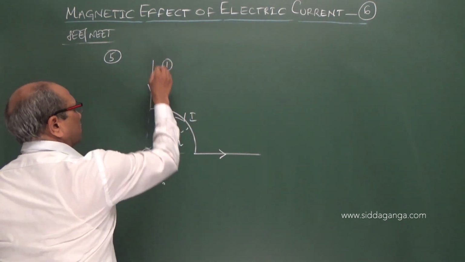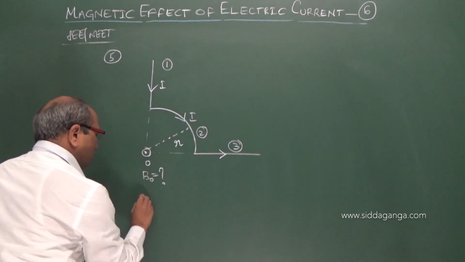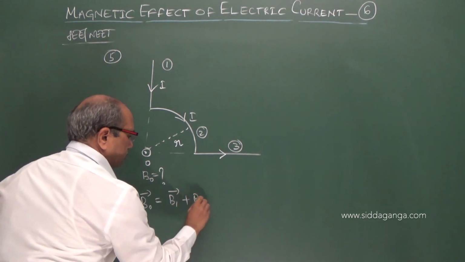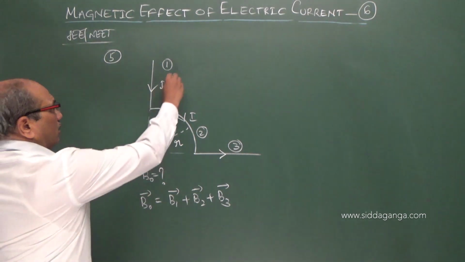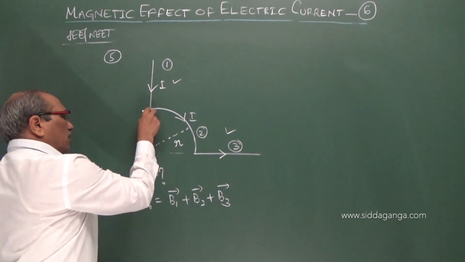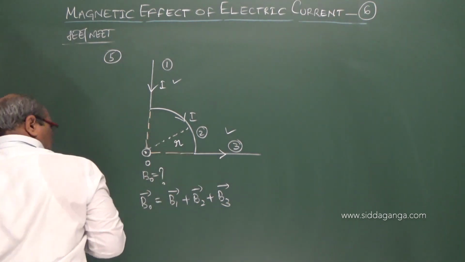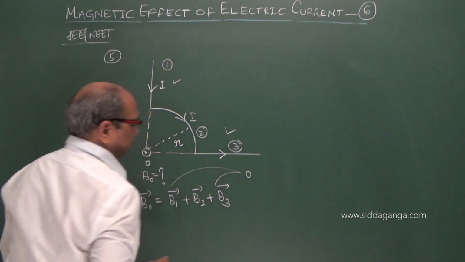Even in this case, 1, 2 and 3, the net field B naught is B1 plus B2 plus B3. Again 1 and 3, if you look at the points, are in line with the point O. Therefore B1 and B3 are 0.